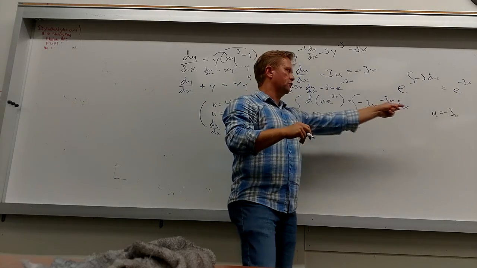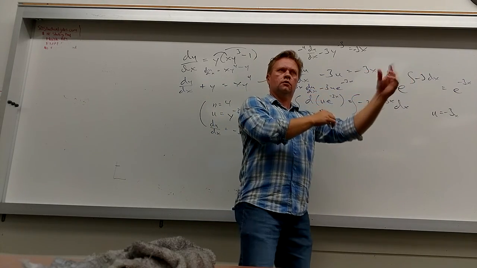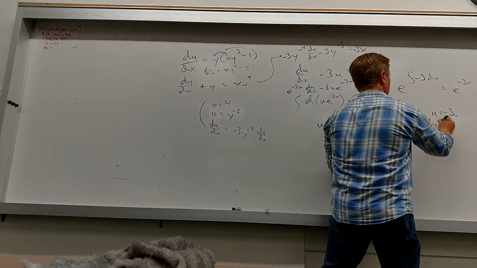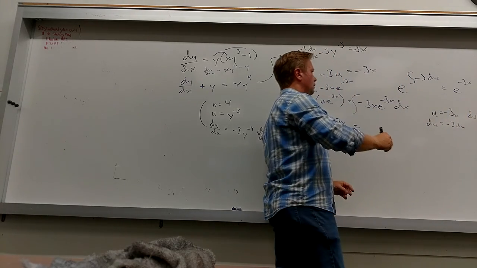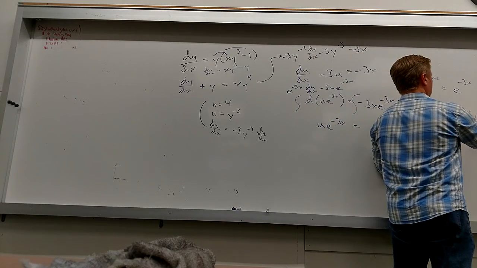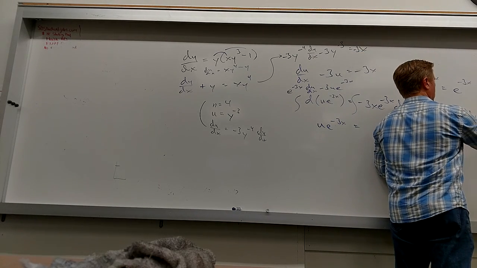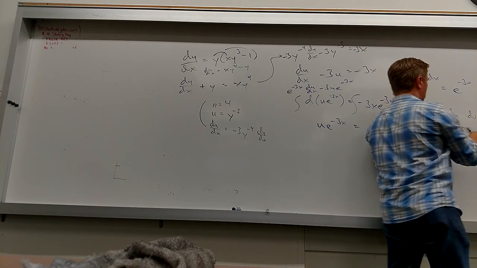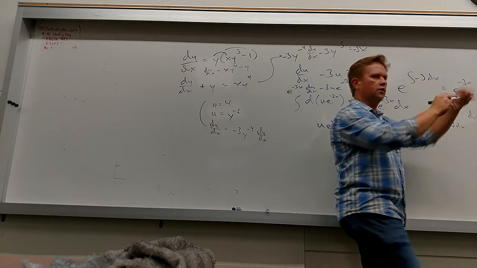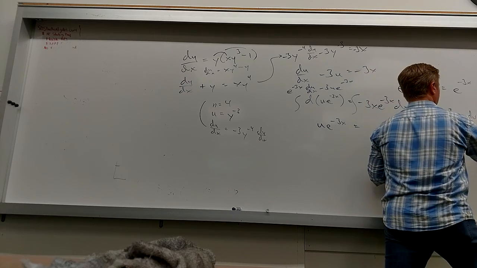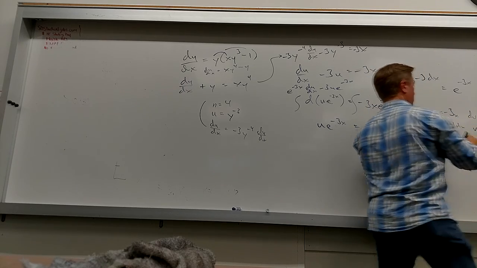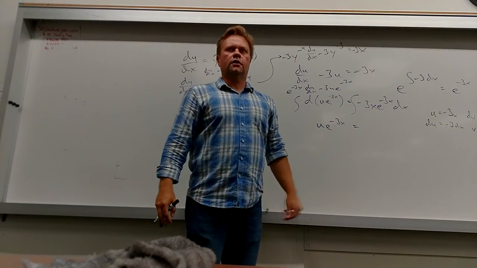Okay, no problem. du is negative 3 dx. dv will be e to the negative 3x dx. If we were really smart, we could have put that negative over there, but it doesn't matter really. v is going to equal negative 1/3 e to the negative 3x. Right, that's the whole idea.